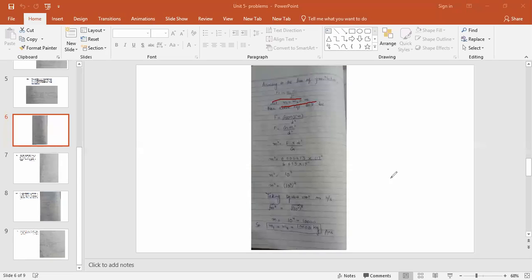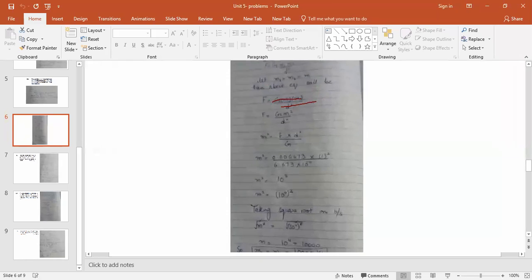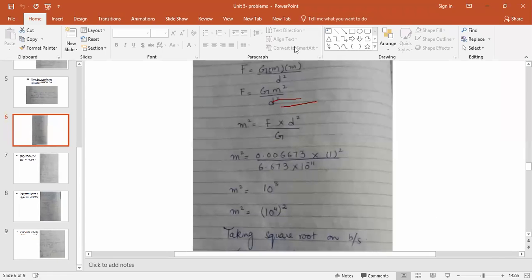So F is equal to, if I just increase this slide, hold a second. If we write the formula of the law of gravitation, which is F is equals to G m1 m2 by d square, as we mentioned over here, m1 and m2 will be equal to m.